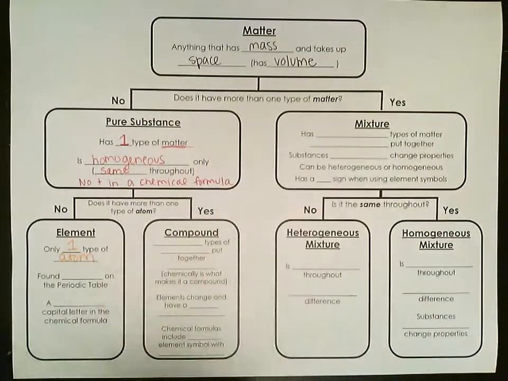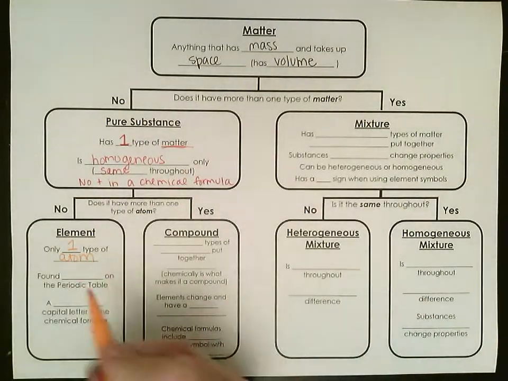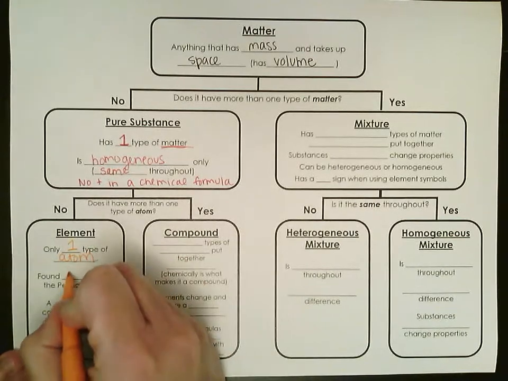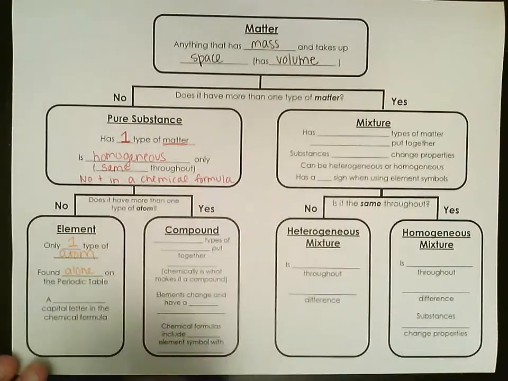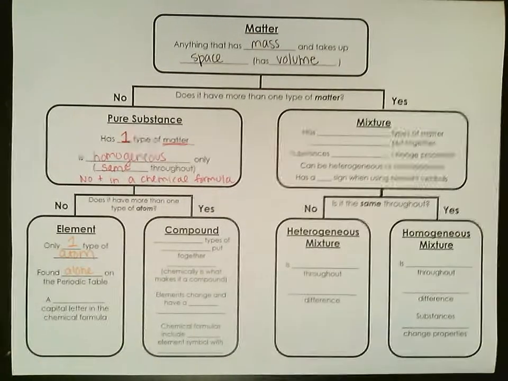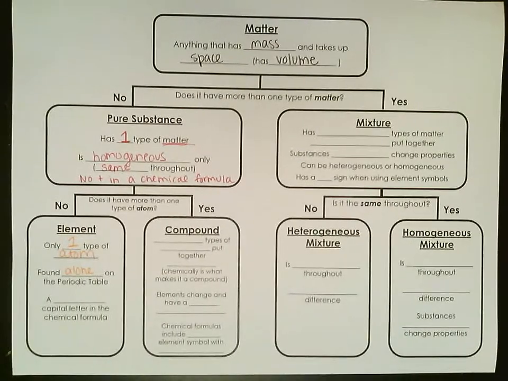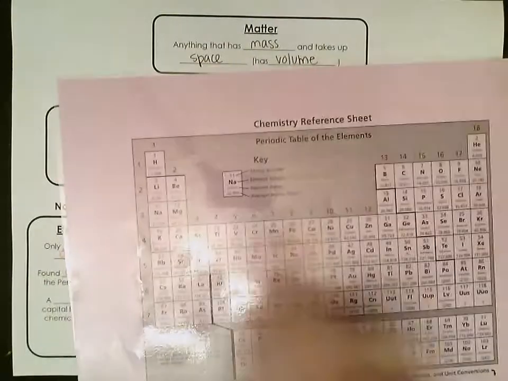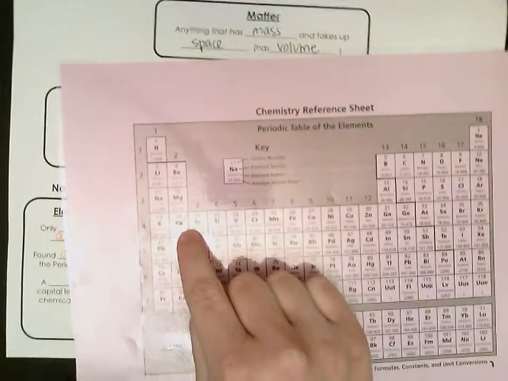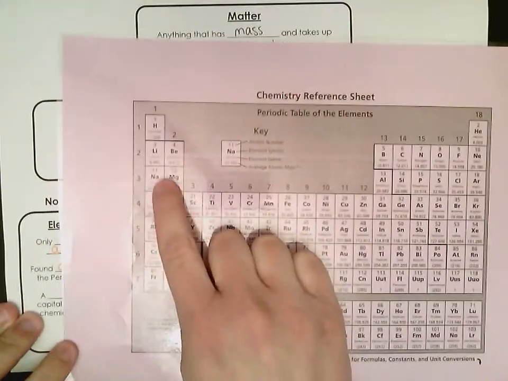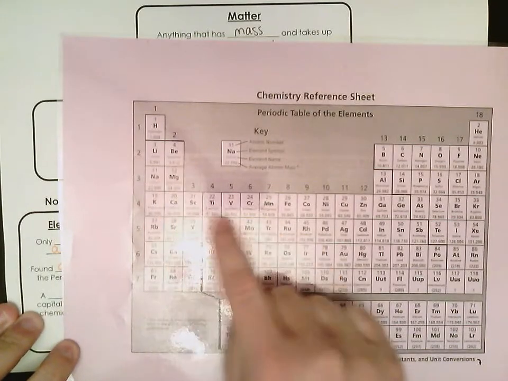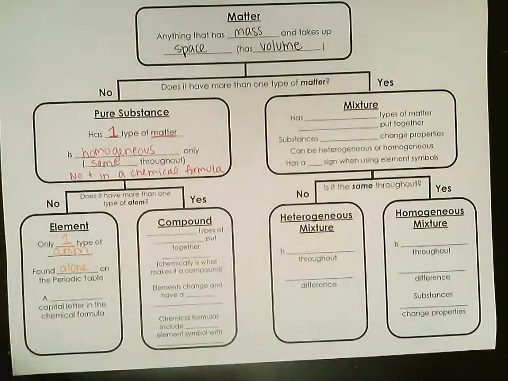So that's one of the big differences here. For an element, we're going to find it alone on the periodic table. What do I mean by alone? I mean, on my periodic table out here, it's going to be in one of these individual boxes. So it's not going to be two things together. It's only going to be one of these.